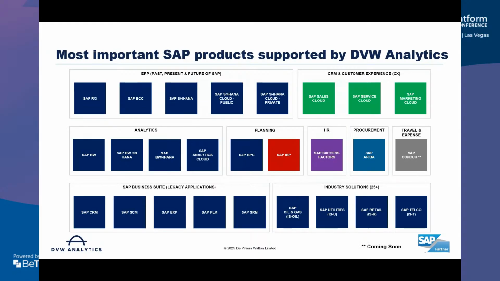When we say we connect to SAP, well, we connect pretty much to anything with SAP on the label. Top left here, we have the ERP systems, the type of system that SAP are famous for, and you'll be, I'm sure, very familiar with those ERP systems like SAP ECC, which most companies still run.